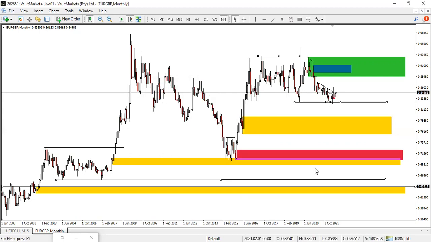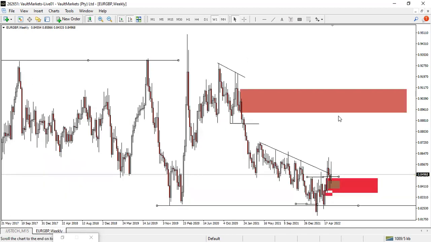Okay. So we found that we have a stop hunt in a bearish direction, and then on weekly time frame we already have the break of market structure in a bearish direction, which confirms that price will be bearish. However, it has to push up first. Why does it have to push up first?